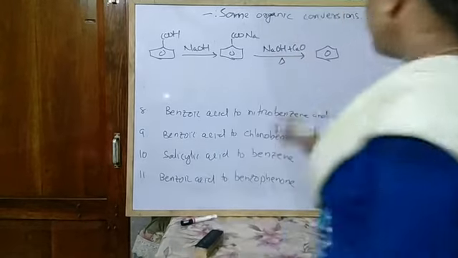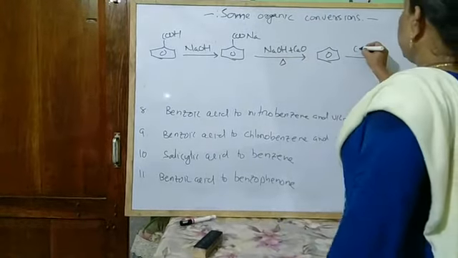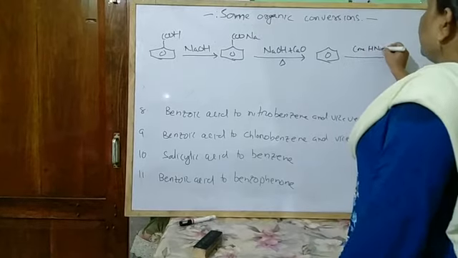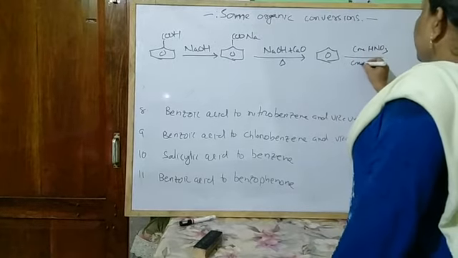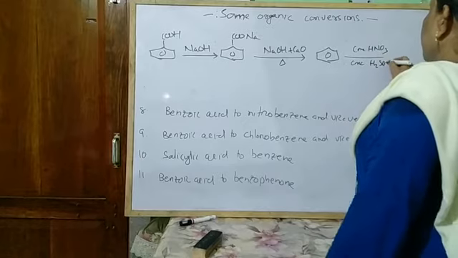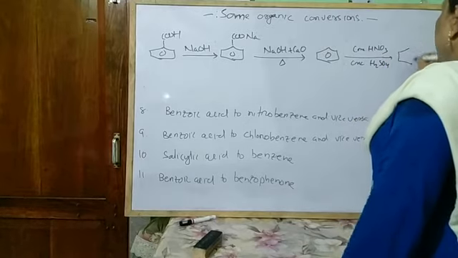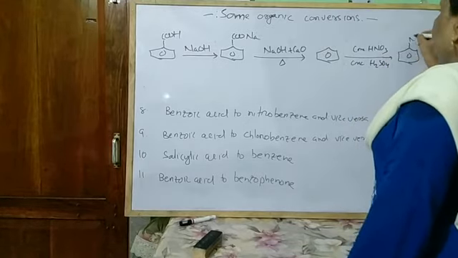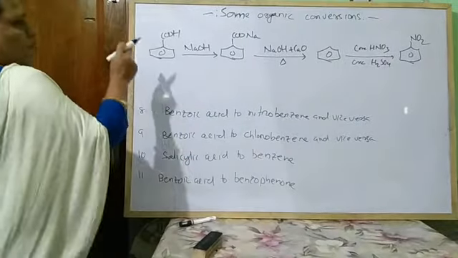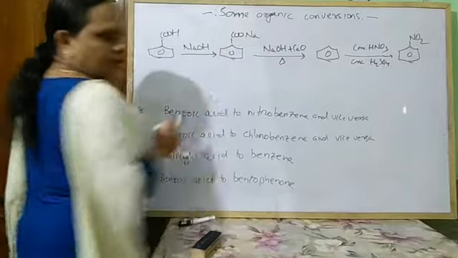Benzene. Benzene when treated with concentrated nitric acid and concentrated sulfuric acid, it forms nitrobenzene. So this is how benzoic acid to nitrobenzene.